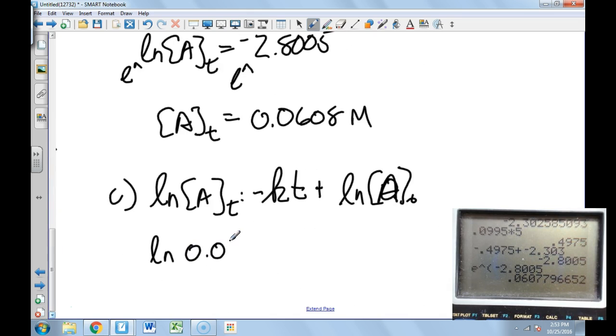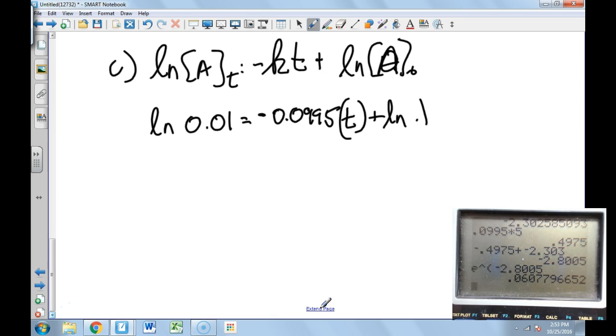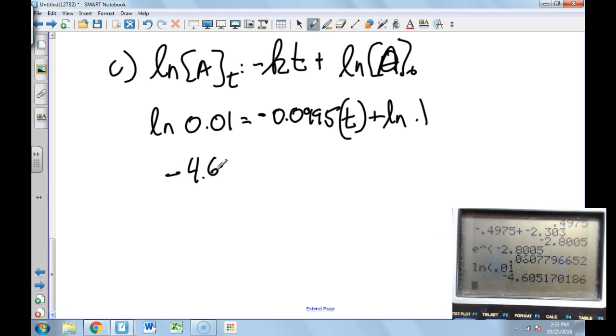So the ln of 0.01 equals negative 0.0995 times t plus the ln of 0.1.